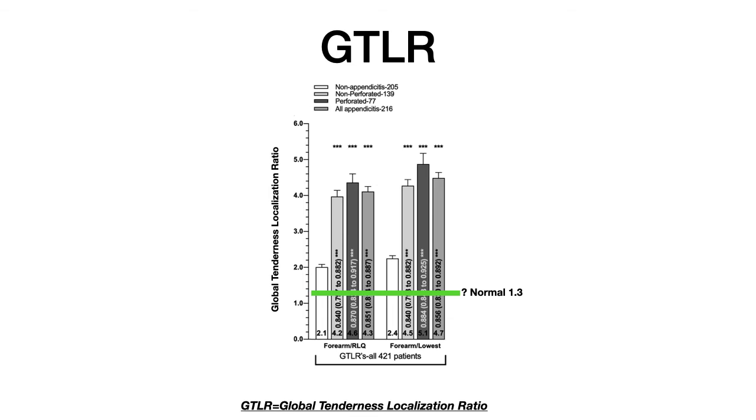We don't have normal numbers, but we would predict that this will be about 1.3. So the higher the column, the greater the degree of localization. You can see that in non-perforated and perforated appendicitis, the global ratios are highest, 2 to 2.5 fold greater than non-appendicitis.